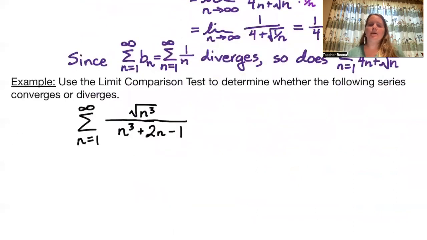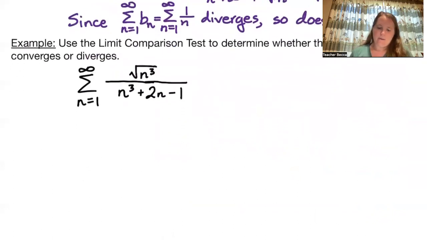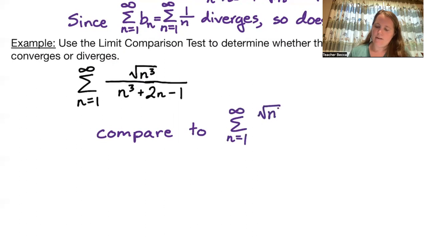Let's use the limit comparison test to determine whether the sum from n equals 1 to infinity of the square root of n cubed over n cubed plus 2n minus 1 converges or diverges. So let's go ahead and compare this to the sum from n equals 1 to infinity of the square root of n cubed over n cubed.